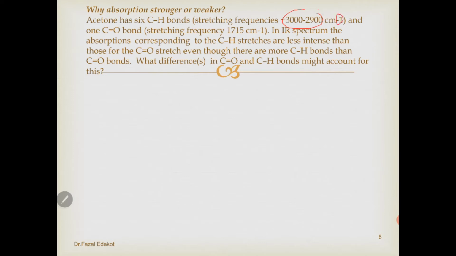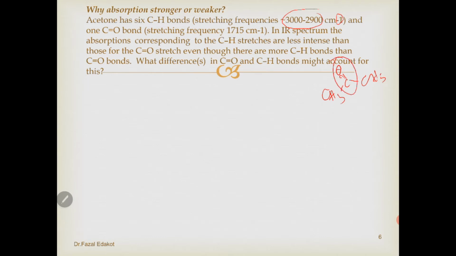Please note this, it is supposed to be inverse centimeter. And 1 CO bond. That is the acetone structure, CH3, CO, CH3. There are 6 CH bonds and 1 CO bond.